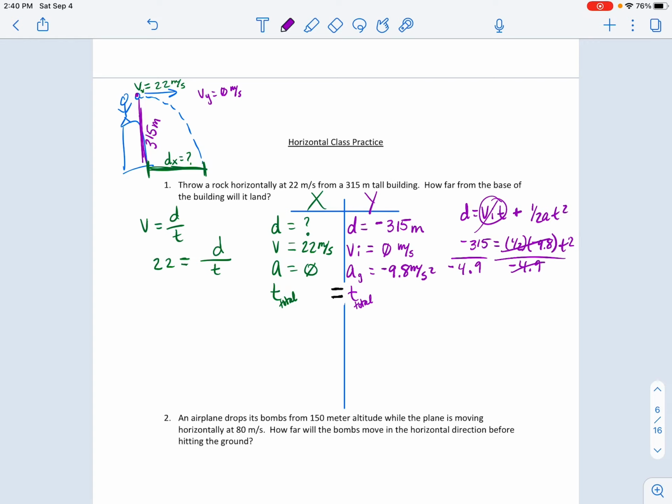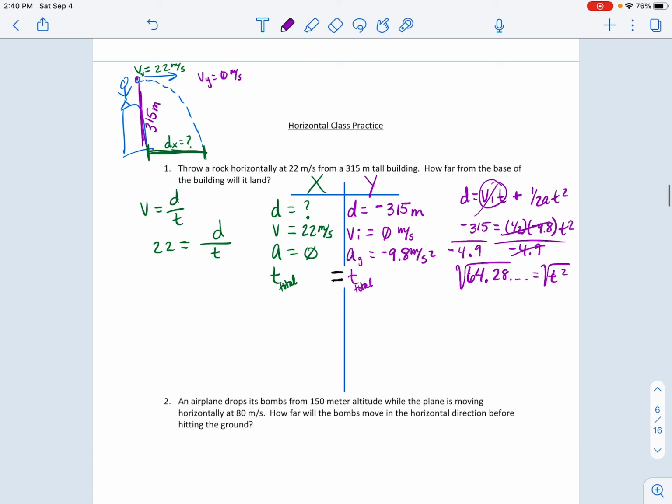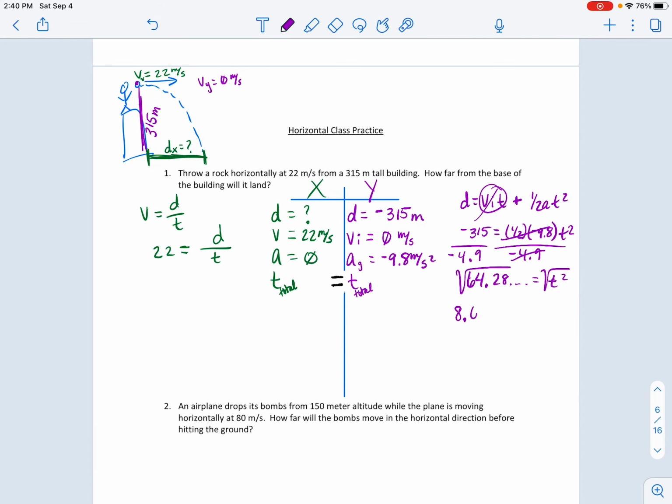There we go. 64.285. And there are more digits in my calculator, so I'll just put dot, dot, dot. Now that equals t squared, so the last thing I'm going to do is square root, and that is going to give me 8.0178, and then once again, more digits in my calculator.